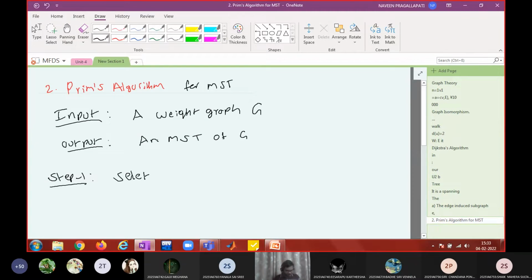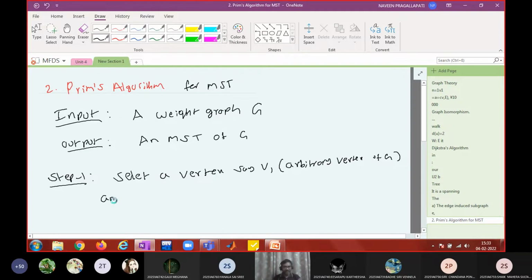Okay, so select a vertex. Select a vertex, say V1. It can be some arbitrary vertex of G. Select a vertex, say V1, and select an edge.